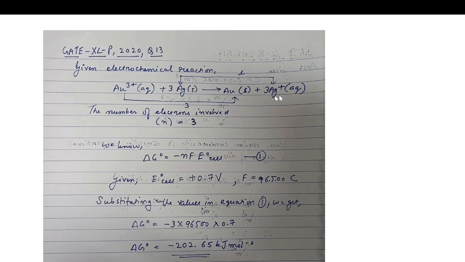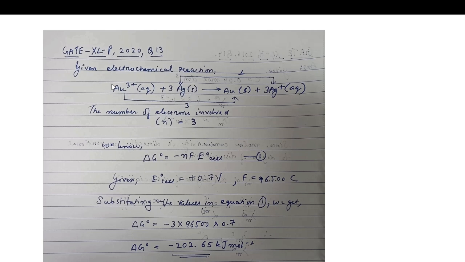Now, what will be the solution of this question? Let us look into the solution, and I will describe more about what n is and how you can calculate it. It is given that the electrochemical reaction is this. In this kind of question, what is very useful is to first write the electrochemical reaction that is going on in the cell, and then a good practice is to balance the equation.